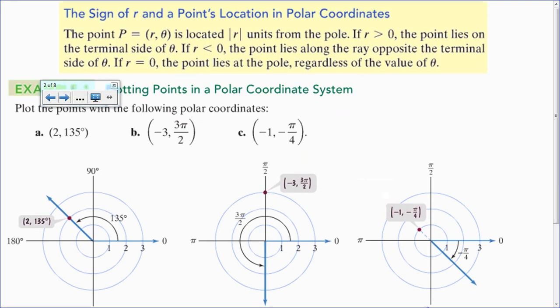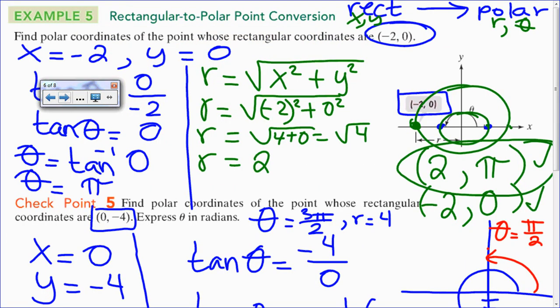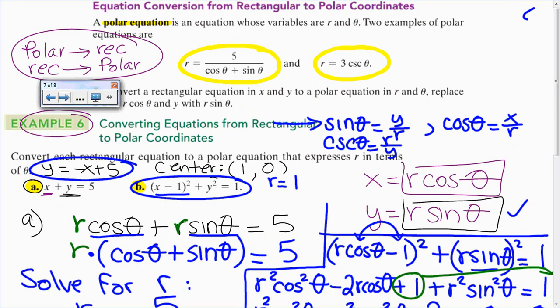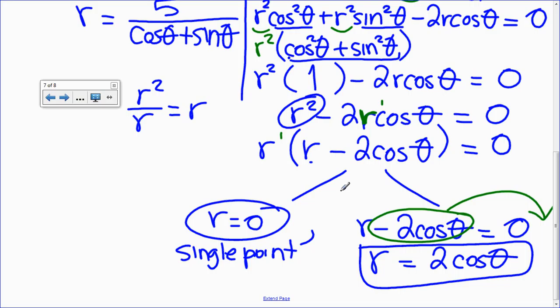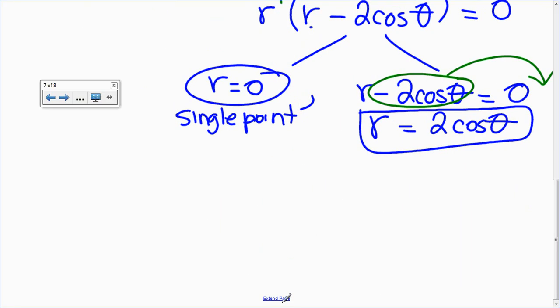The book says, because the pole also satisfies the equation for theta equals pi over 2 and r equals 0, it is not necessary to include this equation, so we will not include it.